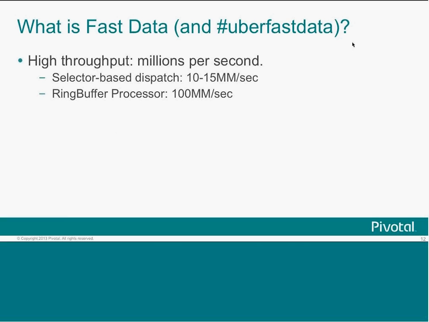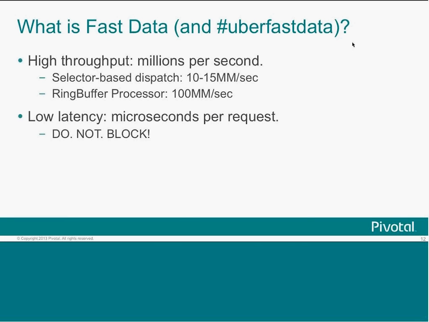Of course, don't block is the thing when you're dealing with event loops and things like that. If you're going to get low latency, you can't block the thread that other events are waiting on, right? So you can't go do I/O in the RingBuffer. You can't do an HTTP request to a slow server, right? Because you're going to be blocking everyone else from getting a slot.